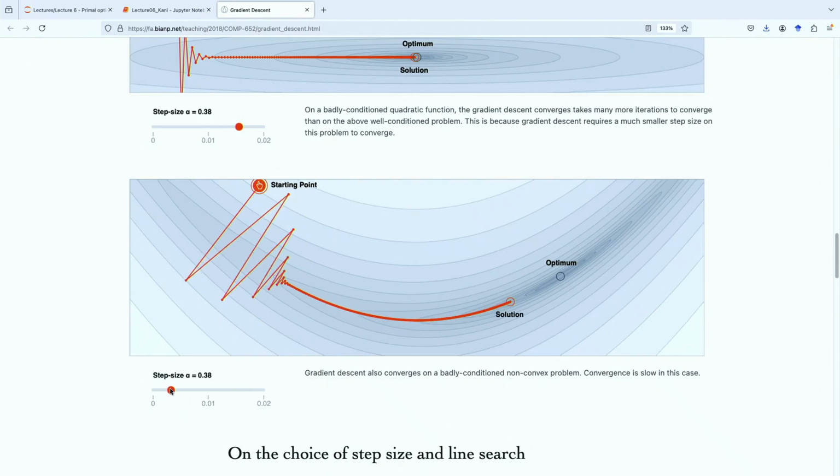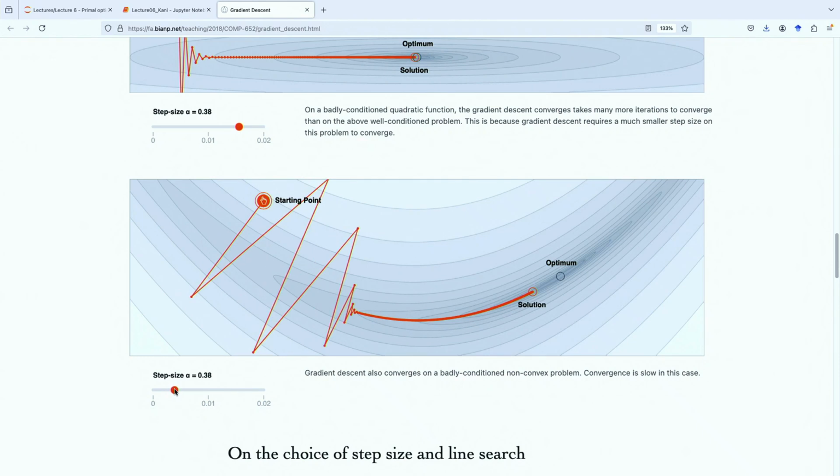We should be grateful for that. On the other hand, it is very finicky. So again, we have a step size, and with this start point, we need to increase the step size a fair bit in order to just reach the optima.